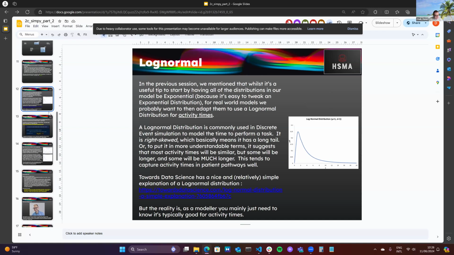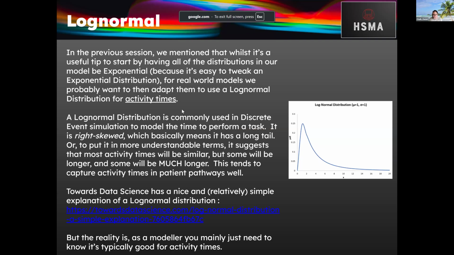First thing we're going to cover next is the lognormal distribution. If you remember in the first session of discrete event simulation, we talked about how at the start, when we build a discrete event simulation initially, we tend to make everything, just for simplicity, sample from an exponential distribution.